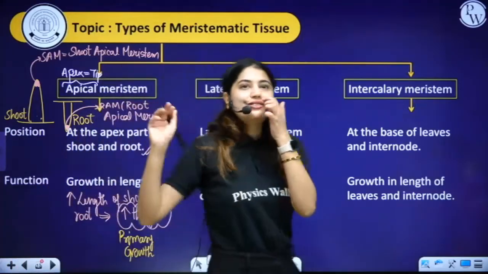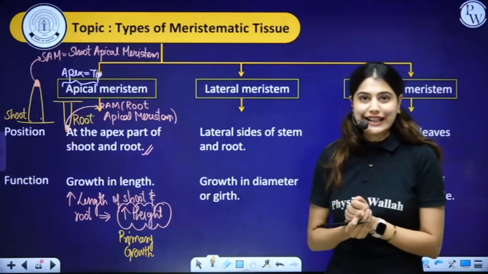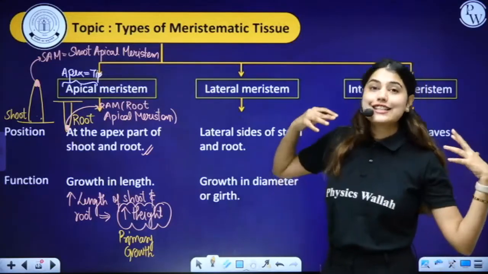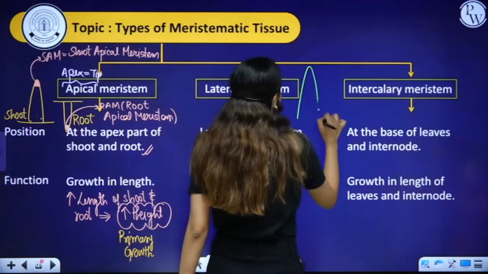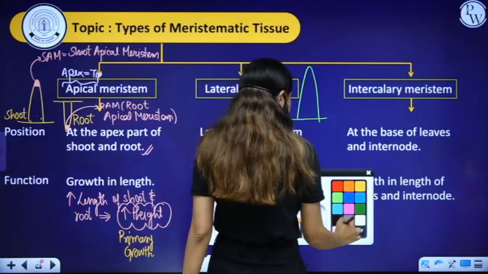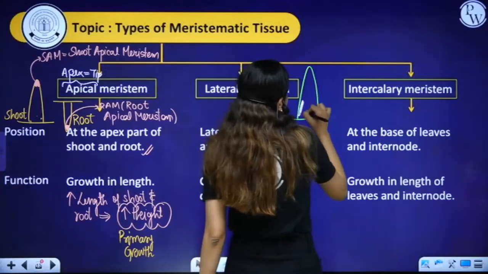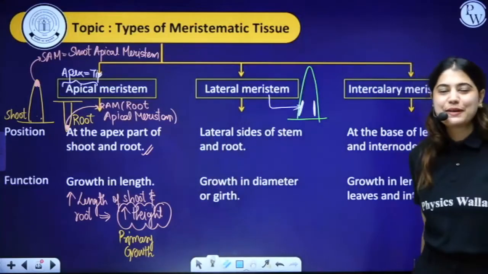Now, that was about apical, which is present at the apex. Next, we move to the lateral. Lateral is present at the side of the plant, right? If I see any plant, I can find the lateral meristem on the sides.